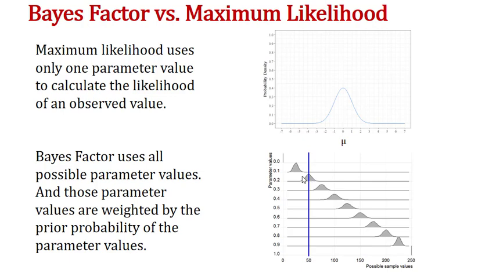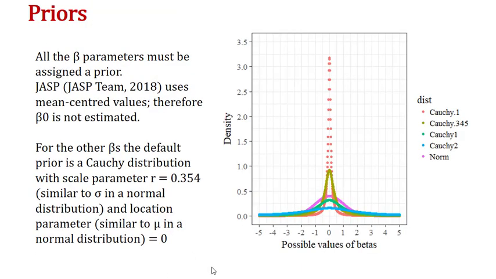This should be an infinite number of distributions, and so we are going to use the combination of all these distributions to determine the likelihood of observing one specific value. So that's the main difference between the maximum likelihood and the Bayes factor approach.